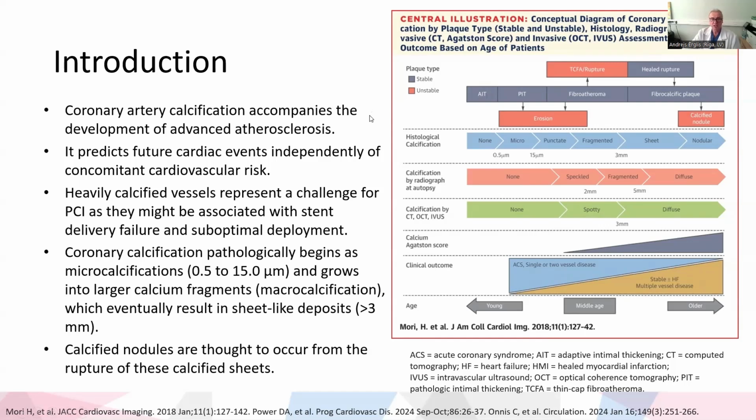Why is it changing? First of all, because basic science is improving, and we can evaluate much more. As you see in the left side and the right table, coronary artery calcification accompanies the development of advanced atherosclerosis, and it predicts future cardiac events independently of concomitant cardiovascular risk.